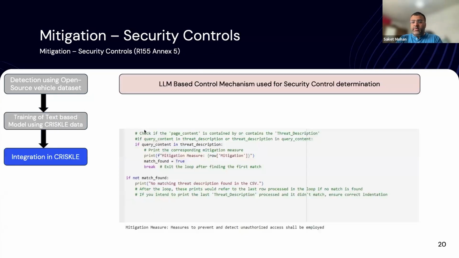And finally, the next step was to use the regulation 155 document again to understand what kind of security controls apply. Now that we determined the threat scenarios and aligned them with regulation 155, we were able to use a similarity search pattern within R155 to nail down exactly which mitigation measure each threat scenario was aligned to.